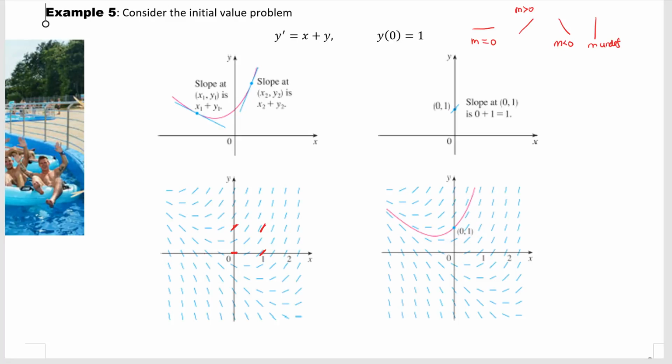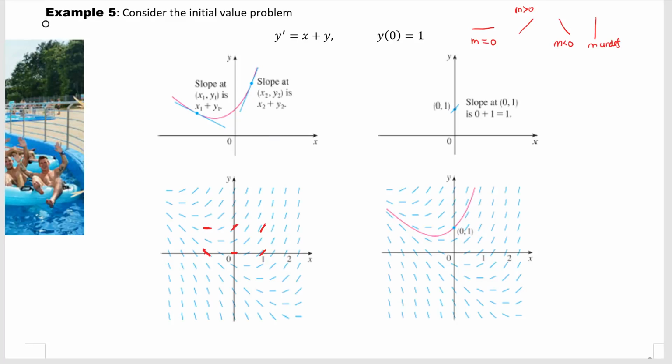At (-1, 0), the slope is minus 1. At (-1, 1), minus 1 plus 1 is 0.